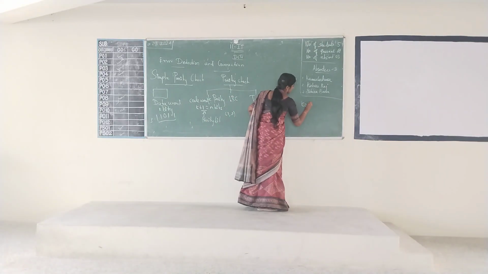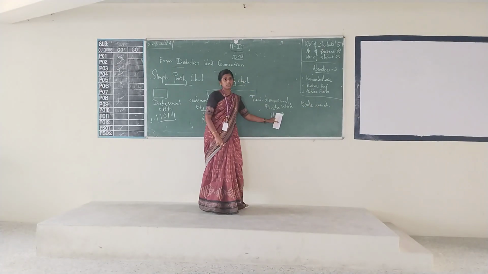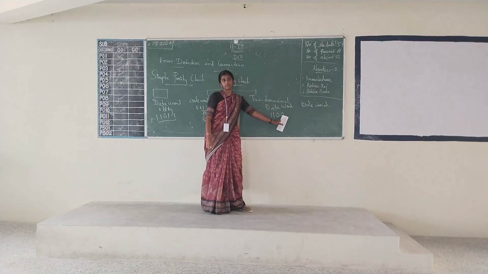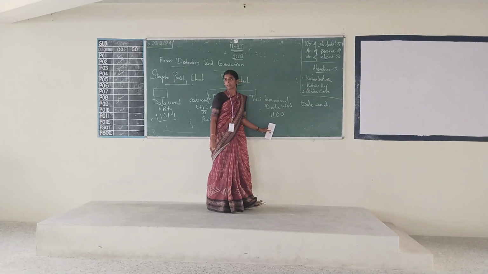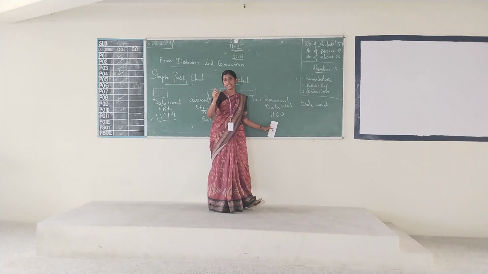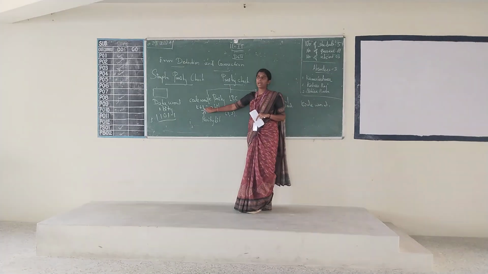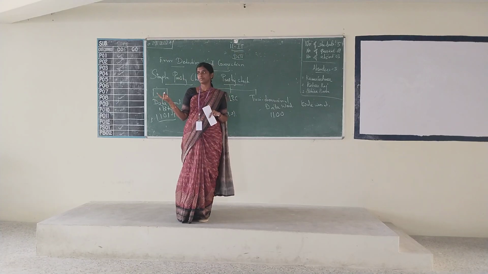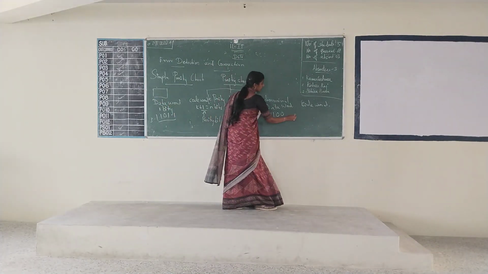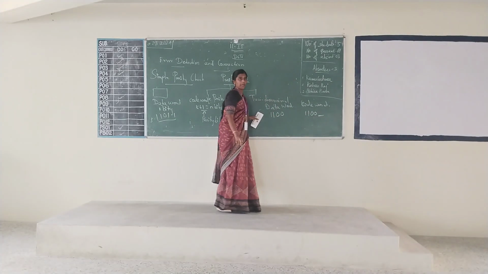Here, for example, we have the data word 1100. We have to convert this to a code word. How will we convert? We are going to add a parity bit, which will be either 1 or 0. This is where we add the parity bit.